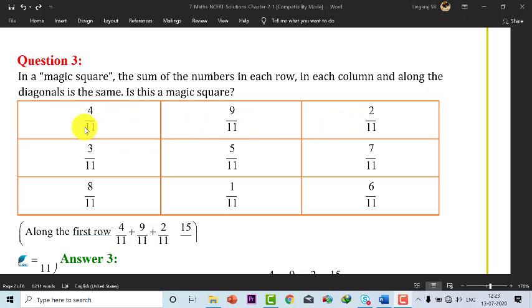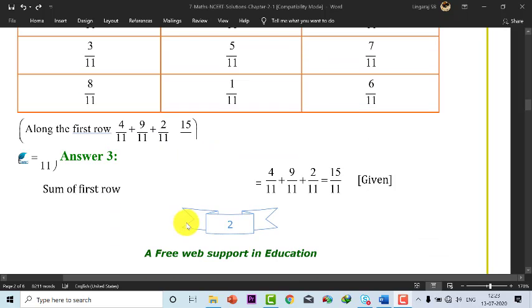Then 4 by 11, 5 by 11 and 6 by 11 is the second diagonal. Here they gave an example along the first row, 4 by 11, 9 by 11 and 2 by 11. Their sum is 15 by 11.